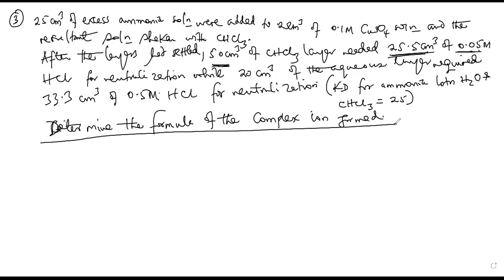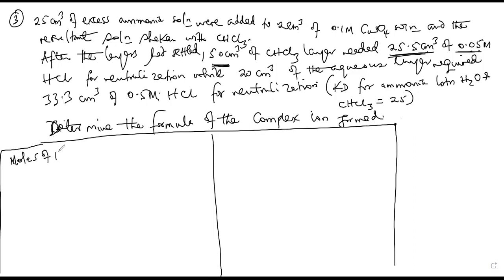We're just going to break it down for you. First get moles of hydrochloric acid. We are working on the organic layer first. Moles of hydrochloric acid would be equal to 0.05 times 25 over 1,000.